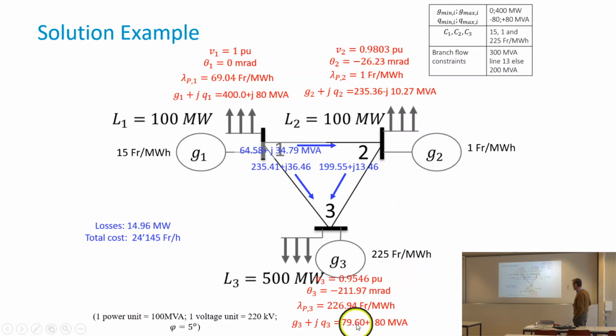And node 3 is also generating a small fraction. We see that the reactive power component is non-zero. Why did the optimizer choose to have some reactive power generation here or consumption there? What's the role of reactive power in a grid?